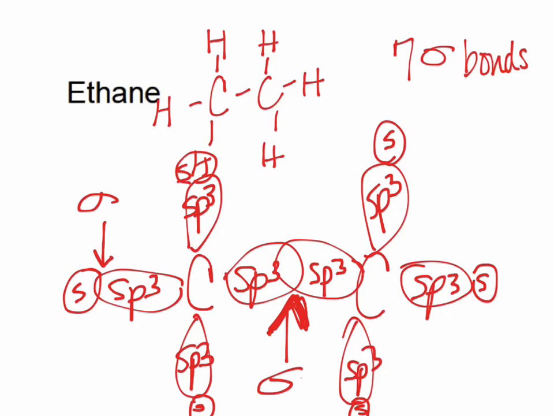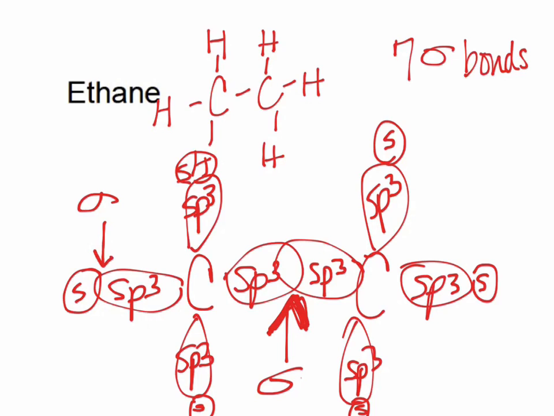Okay, and so here, if you're looking at this model, you have your sp3 hybridization, and then you have the s orbital bonding to that. Any questions on that?